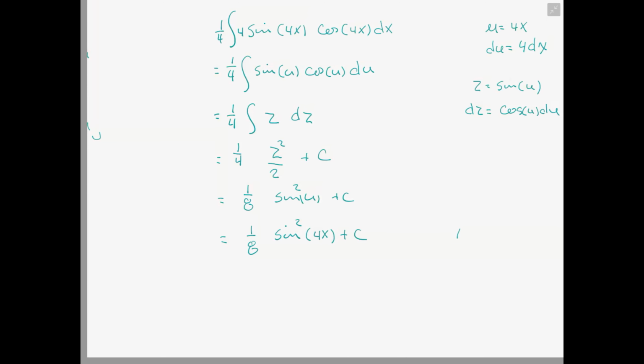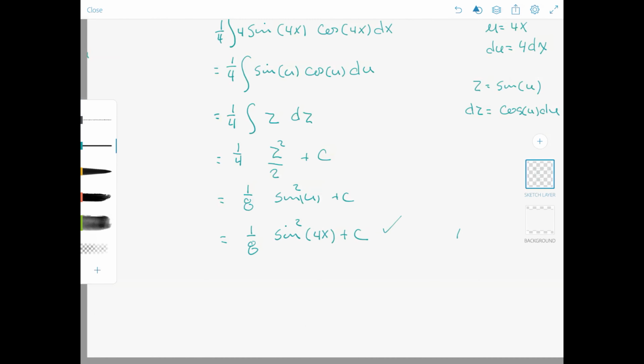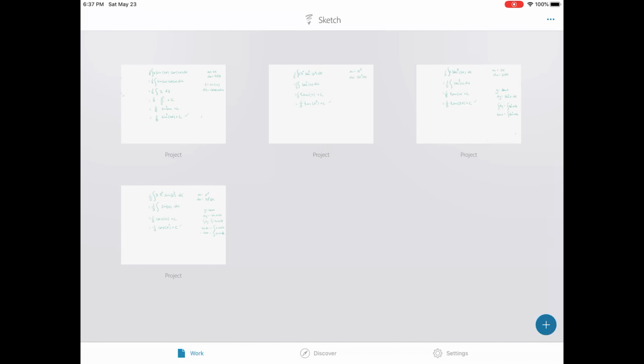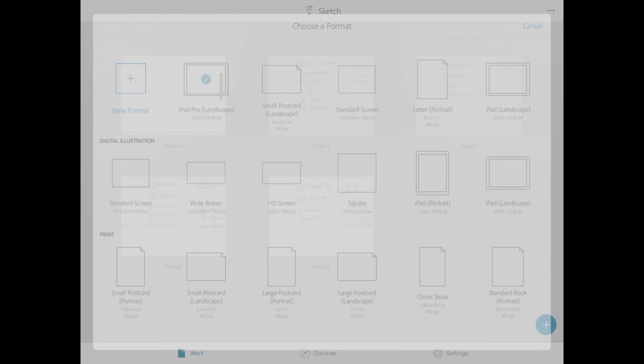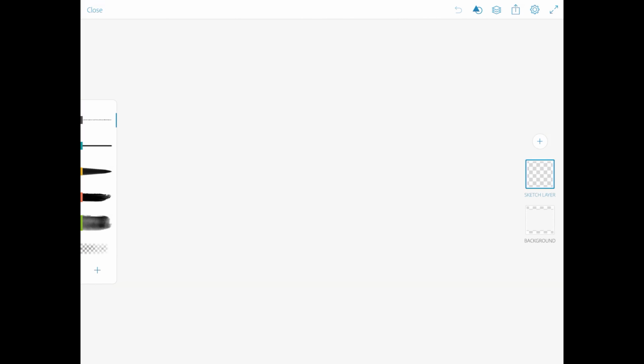And now our final answer is 1/8 sine squared 4x plus c. And that's our answer. Everything's copacetic.